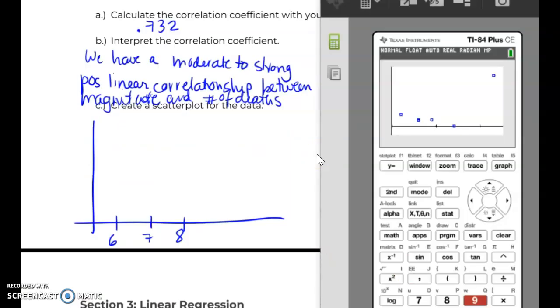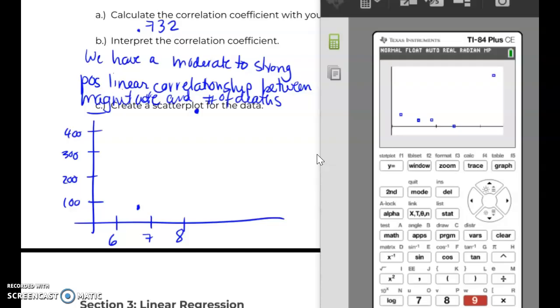So maybe let's look at 100, 200, 500. So our first value was 6.6, and that was 60. Then we have 8.3, which had 503. So that's way up here.